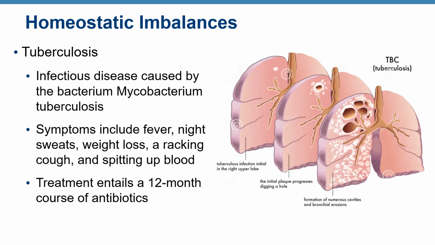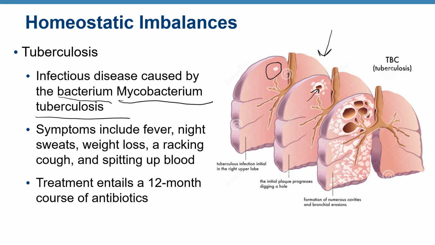Tuberculosis. So tuberculosis is an infectious disease caused by bacteria, Mycobacterium tuberculosis. And you can see on this diagram how this bacteria initially invades the lungs, and then it progresses into a hole.